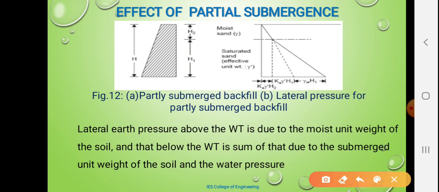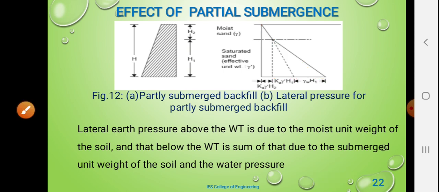So, sigma h up to depth h2, that means above the water table, equals Ka gamma h2, plus effective sigma h at h1 depth, that means below the water table, is Ka gamma dash h1, plus the effect of pore water pressure, that means gamma W h1.